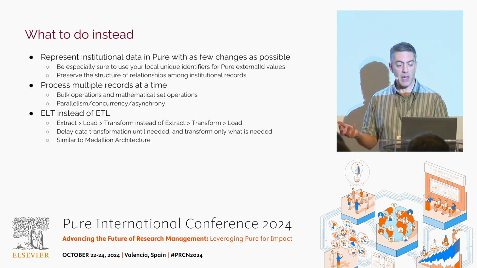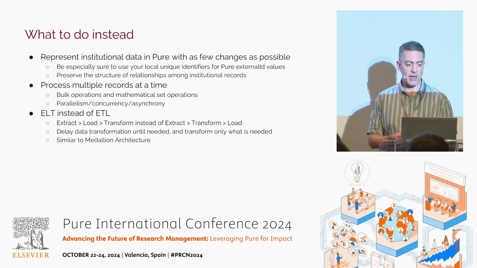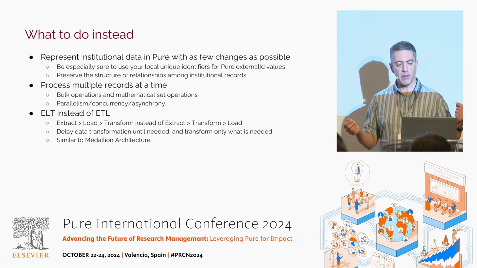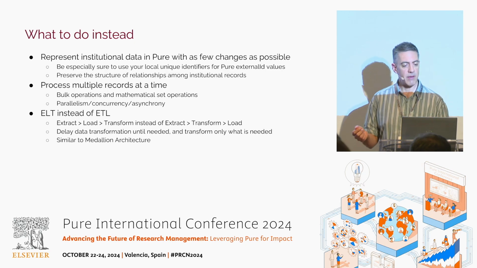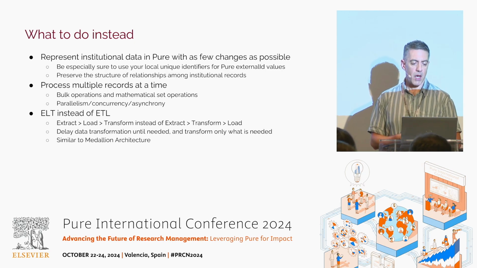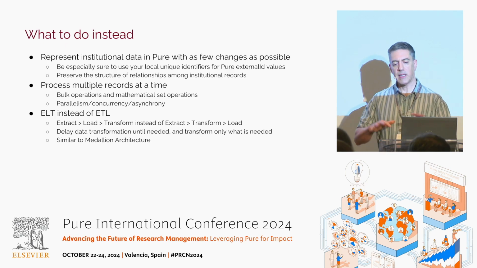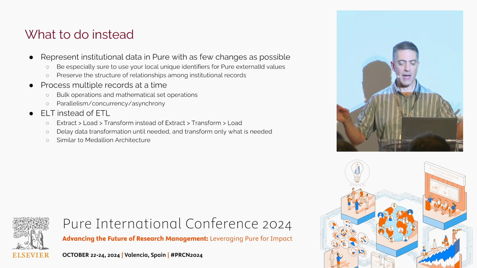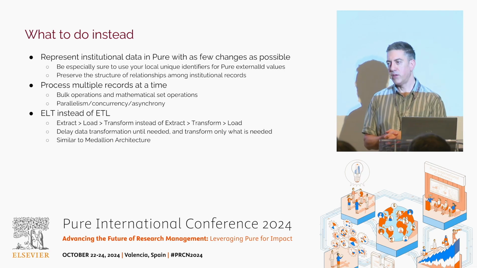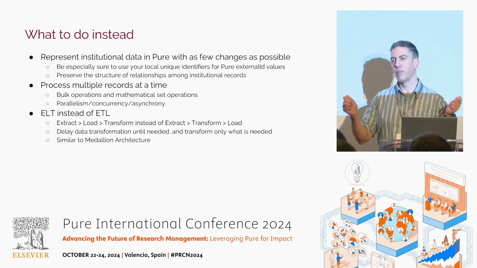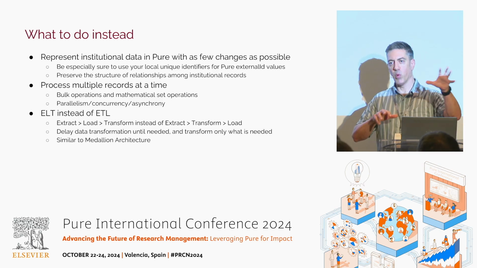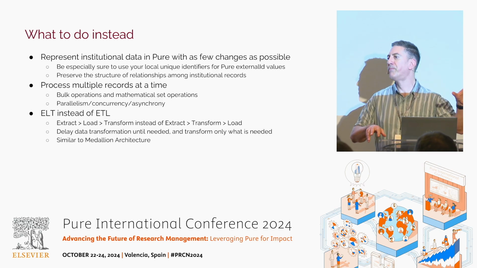For use of the APIs, we do this for both the Pure and Scopus APIs, using parallelism, concurrency, or asynchrony as a general term. And going back to instead of trying to load things into a highly normalized relational schema, what we've started doing is just loading the raw JSON data into Oracle tables, one table for each collection.